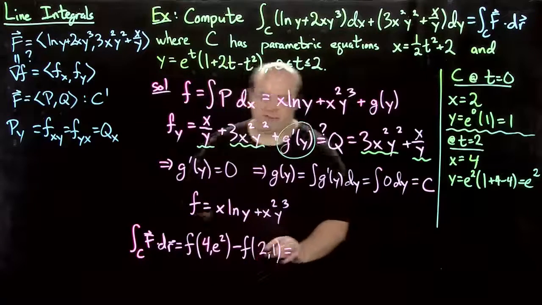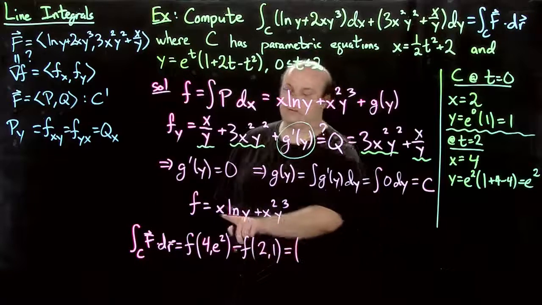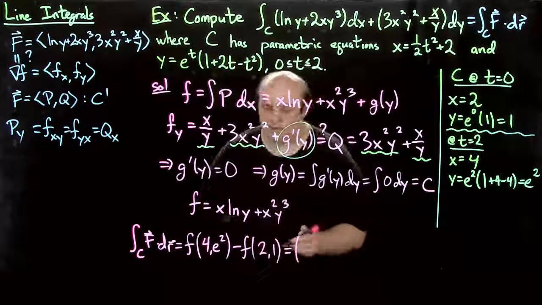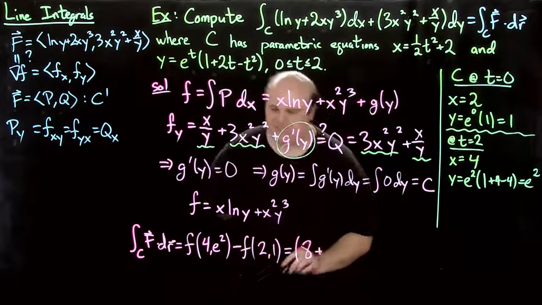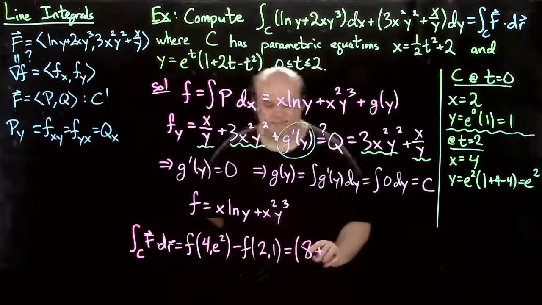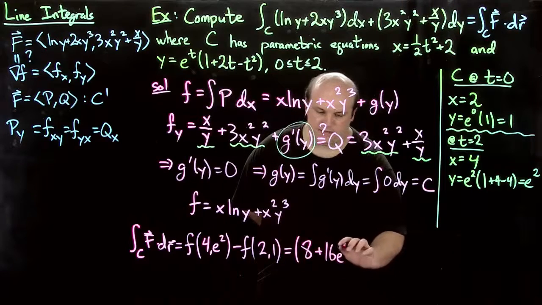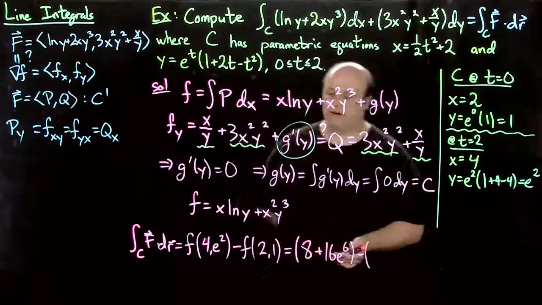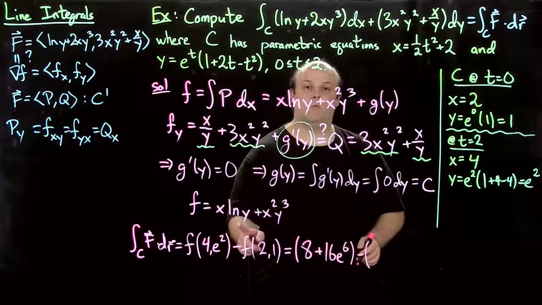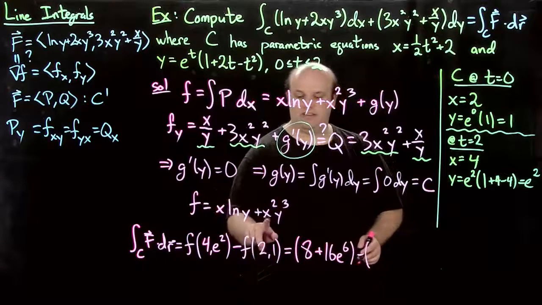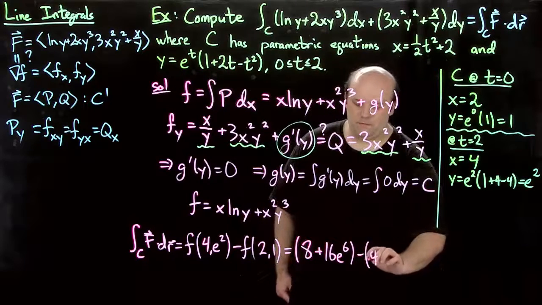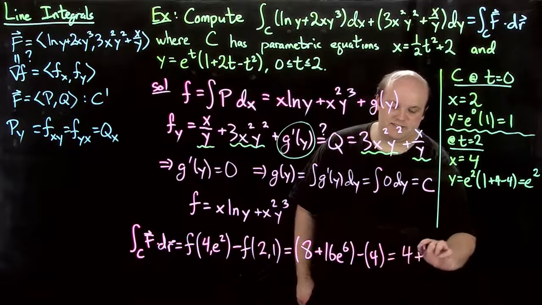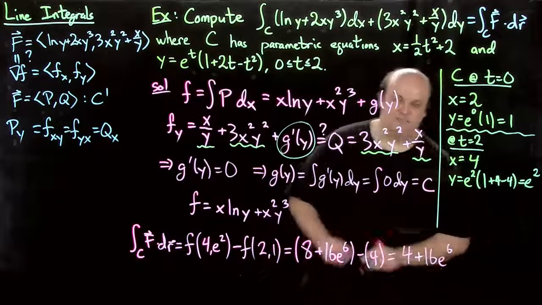So plugging in that here gives me 4 ln of e squared. Well, ln of e squared is just 2, so that's 8 plus 16 e to the 6th, minus, now I plug in 2, 1, so 2 ln of 1 is 0, so that's out, and then here just 4 times 1 if you like. Right, so I get 4 plus 16 e to the 6th.